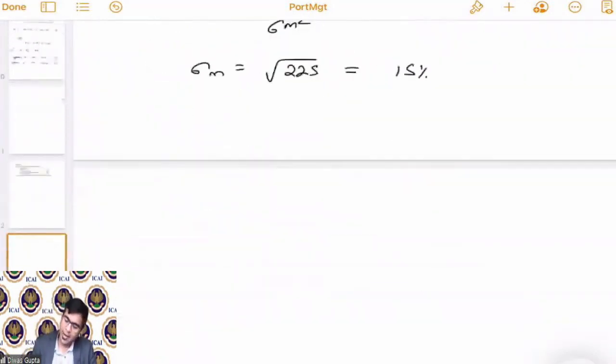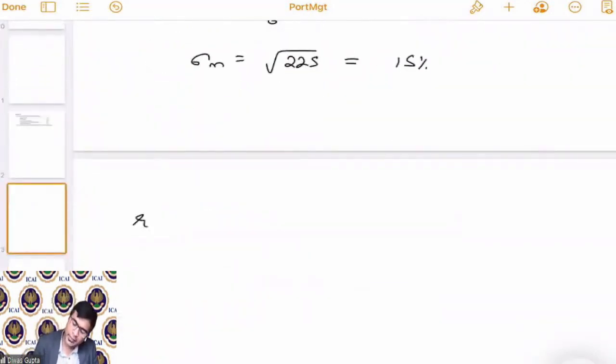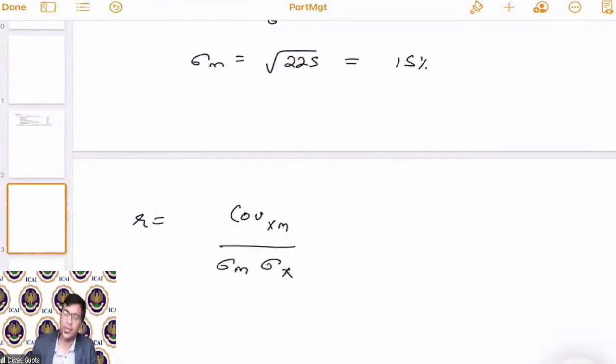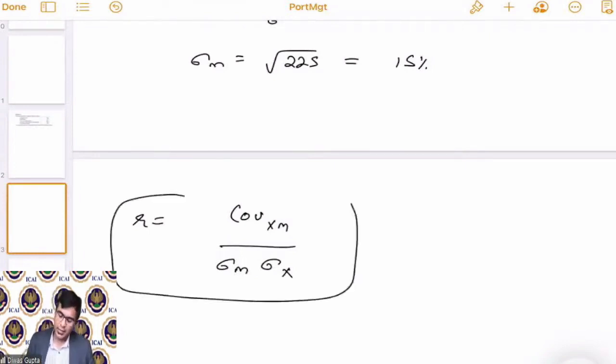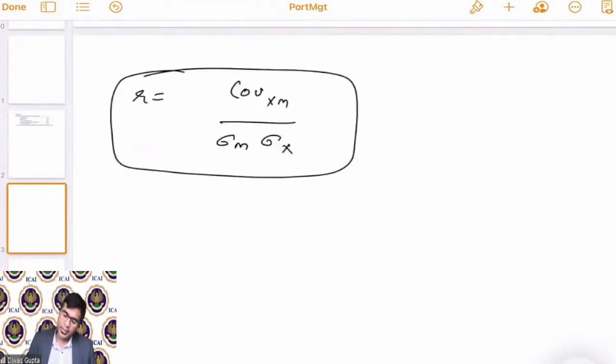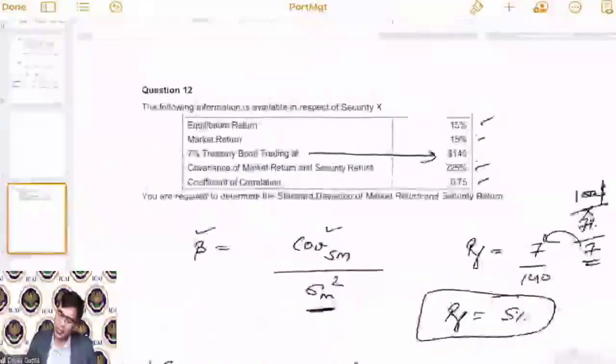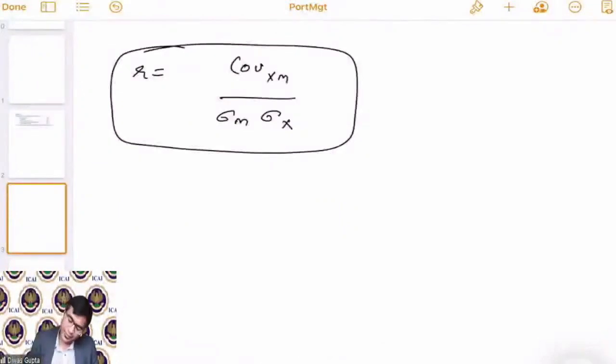Also, we know that R, the correlation coefficient, is the covariance between market and security divided by the standard deviation of market and the standard deviation of security. This is the formula of R, correct? R is already given in the question as 0.75.